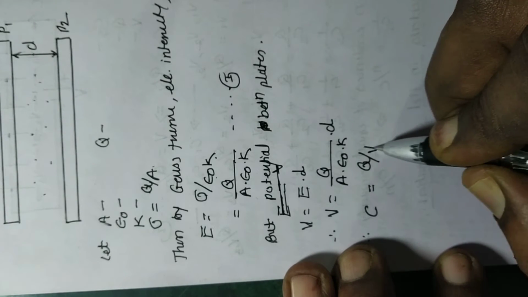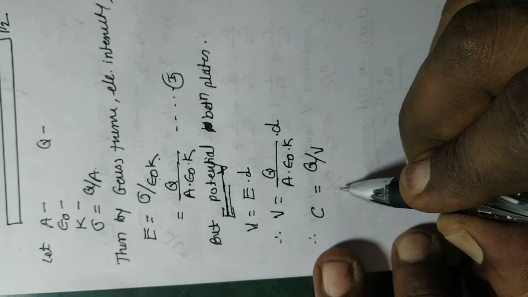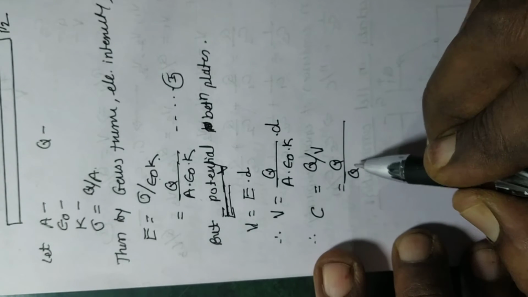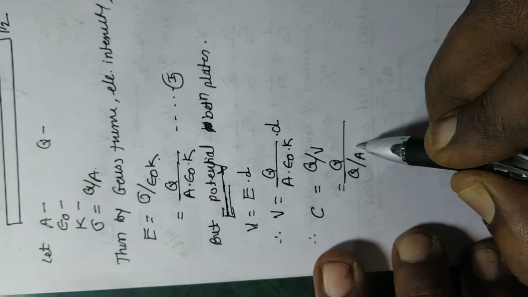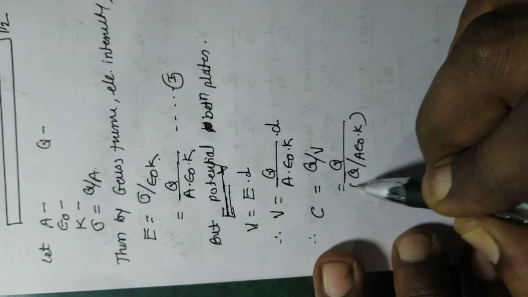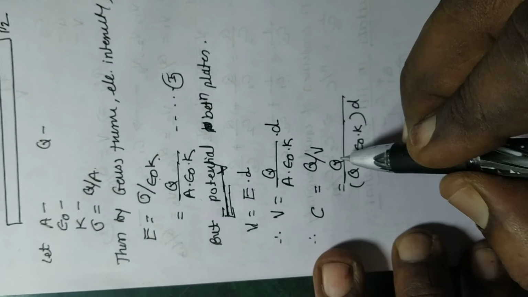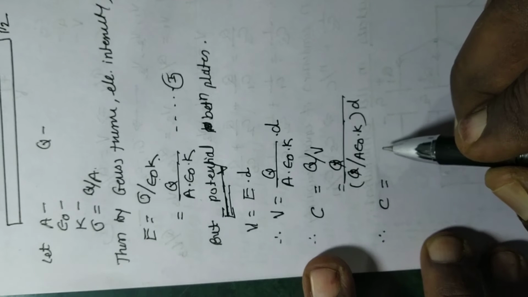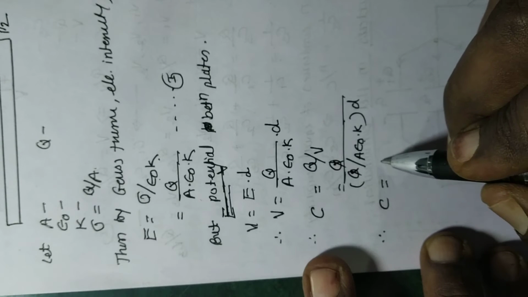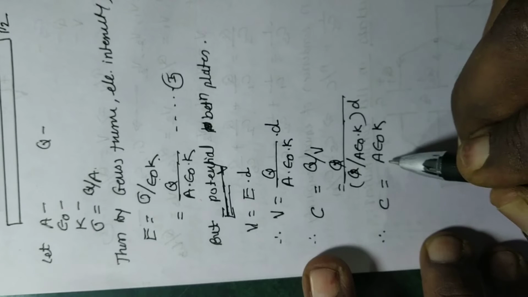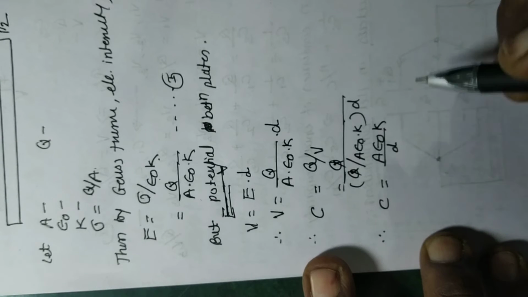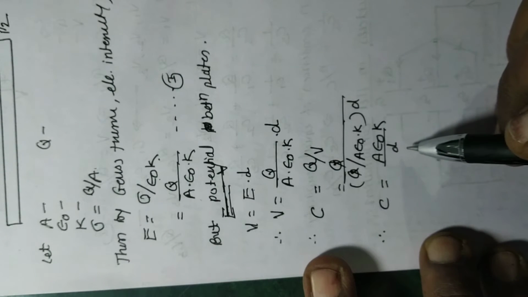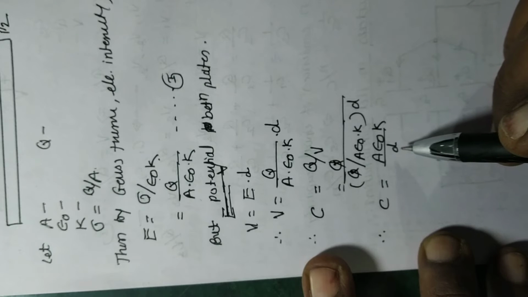That is charge divided by potential, which is equal to Q divided by Q divided by A epsilon naught K into d. Q and Q cancel, therefore capacity C is equal to A epsilon naught K divided by d.